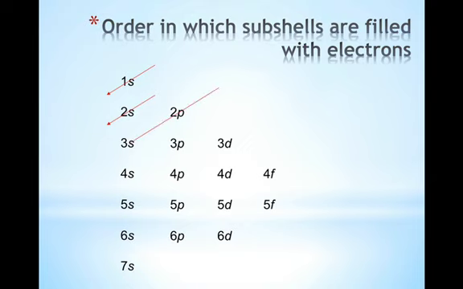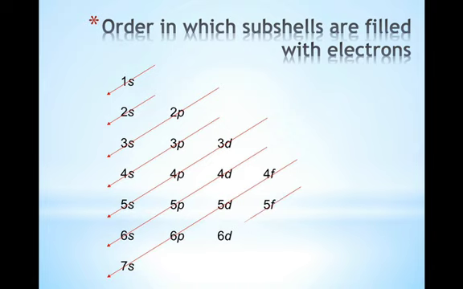After the 2s sublevel is filled, we go to 2p and then 3s. After 3s is filled, we go to 3p and 4s. After 4s is filled, we go to 3d, 4p, and 5s. 4d, 5p, 6s, 4f, 5d, 6p, 7s, and so on.